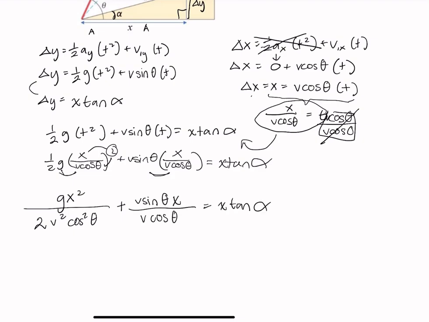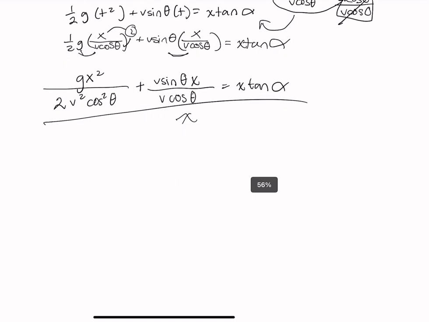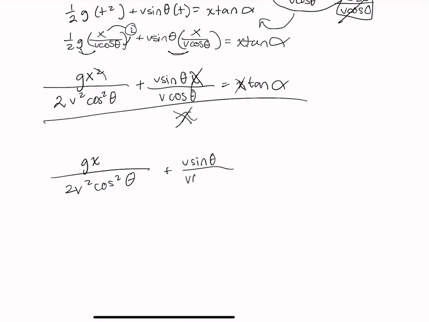Now you can see here that there's an x in every single term. So we can actually just cancel those out by dividing the entire thing by x. So g that just becomes x now, over 2v squared cosine squared of theta, plus v sine of theta over v cosine theta, equals tangent alpha.